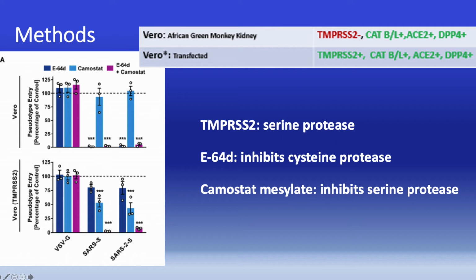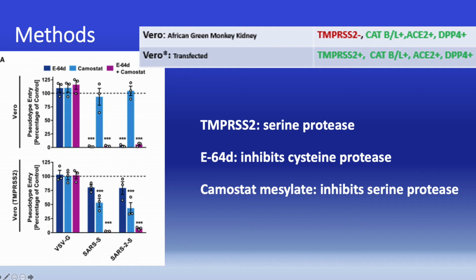with E64D or Camostat mesylate 2 hours before infection with SARS-CoV-2. E64D blocks the activity of the cysteine protease, and Camostat mesylate blocks the activity of the serine protease.